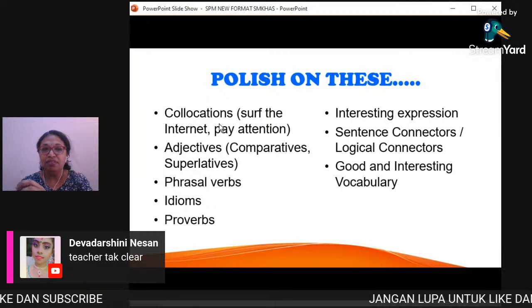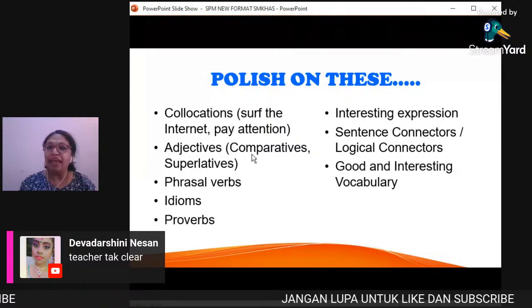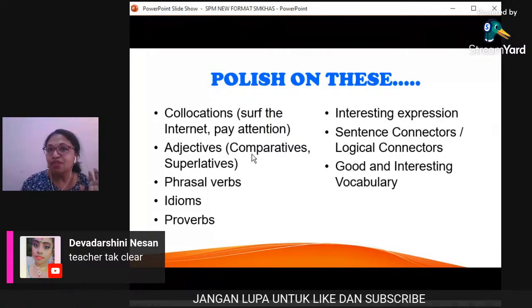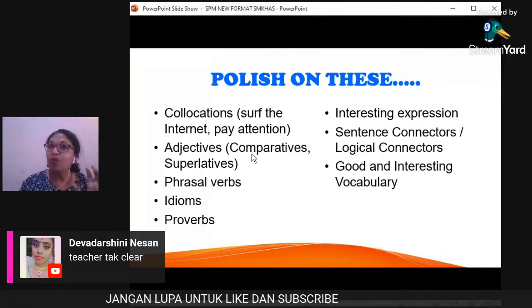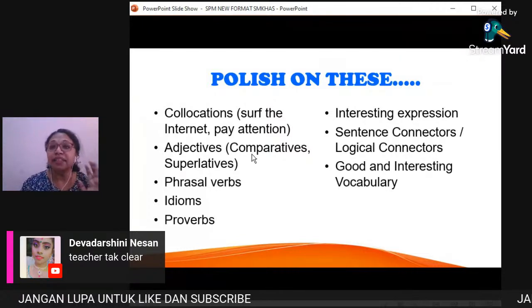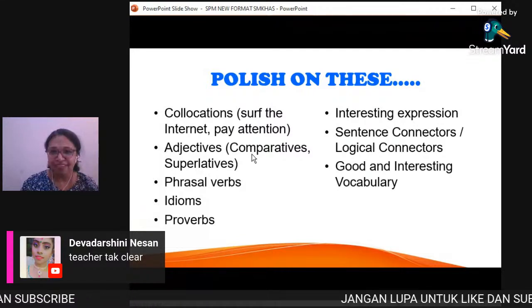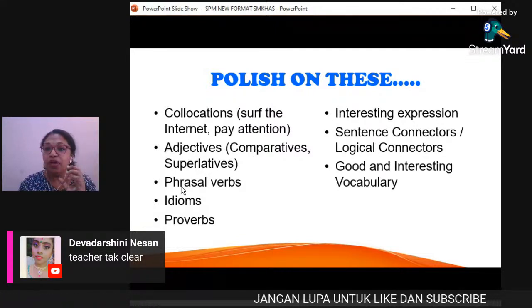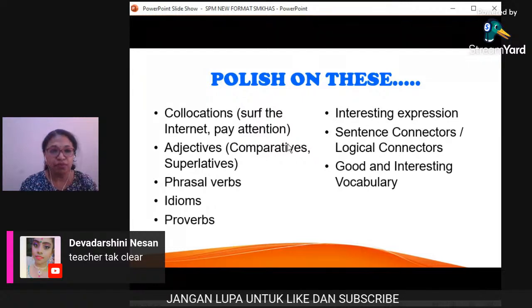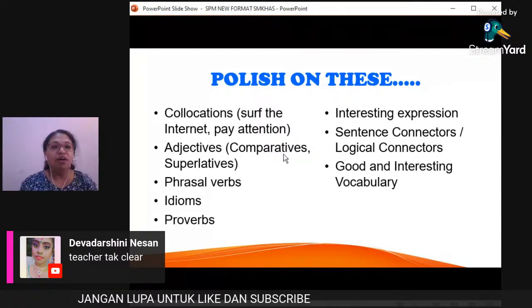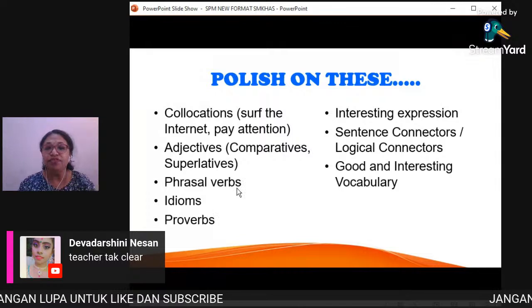Okay, let us see. You have to use collocation. Many students are using it, but you don't know that that's collocation. It means you use certain words that connect with the noun. Can you see that? Pay attention. I listen to the lesson rather than, you want to say, I listen to the lesson during the lesson.